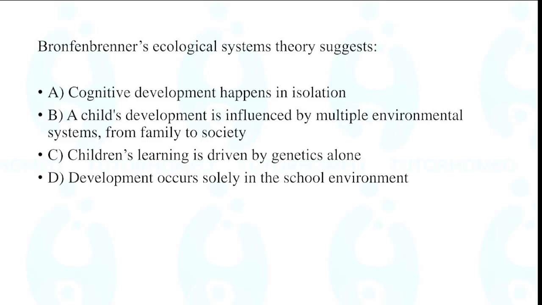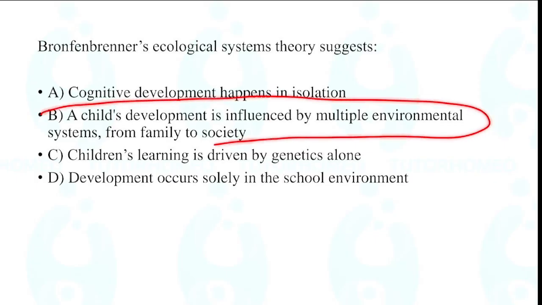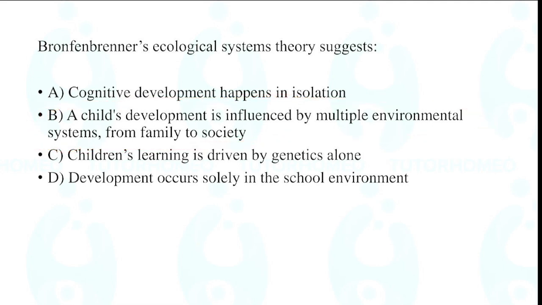Bronfenbrenner's theory explains that various environmental systems, from the immediate family to the broader social context, all impact child development, and that is why the answer is B. There are many things which influence the child's development, and that is what is being told by Bronfenbrenner's ecological system theory.